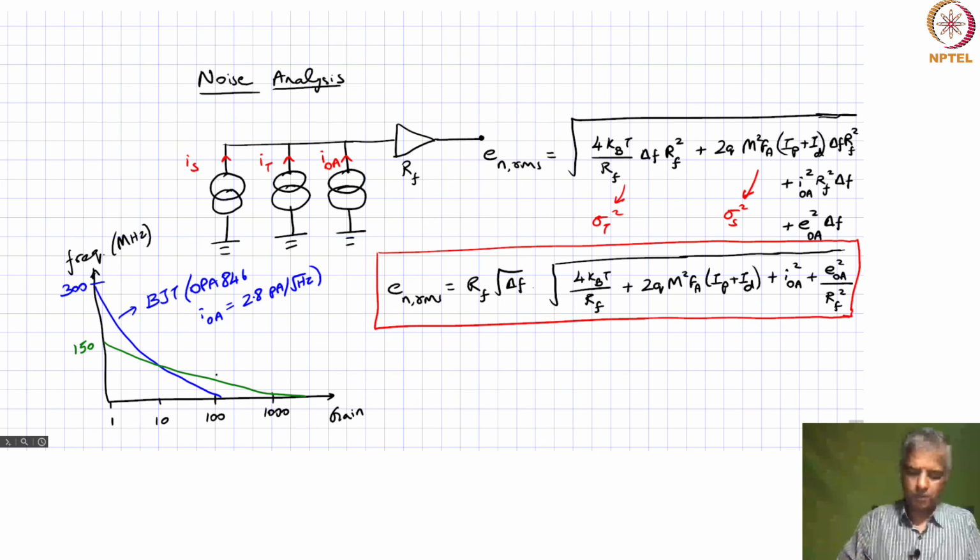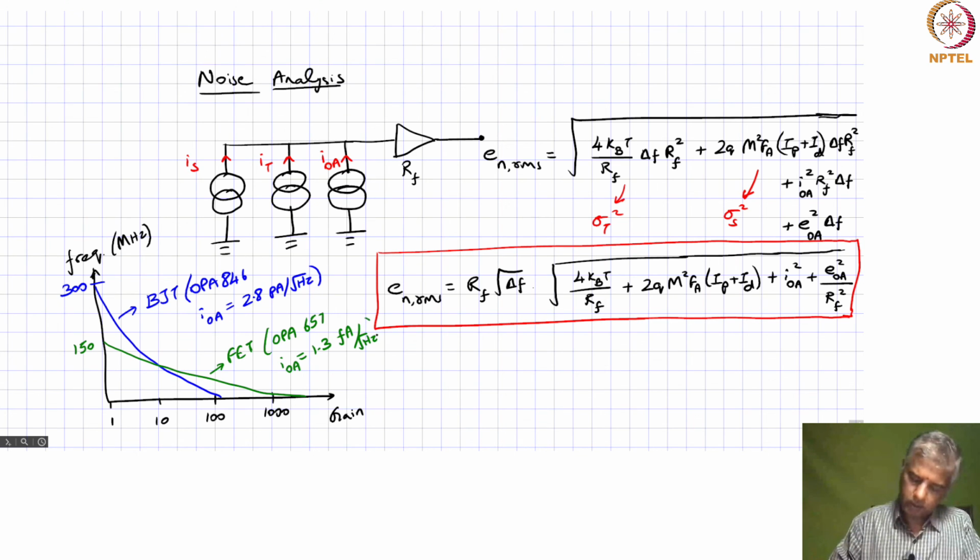But if you look at a FET, field effect transistor based op amp, an example of that is OPA657. We looked at 656, 657 is in the same family. But when you look at the noise current density, it is in the order of 1.3 femtoamp per root hertz.